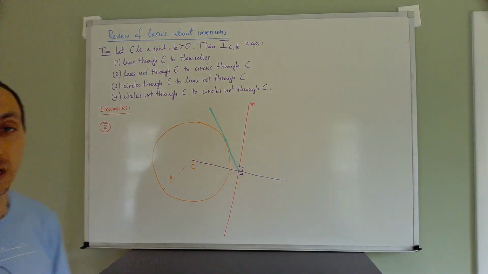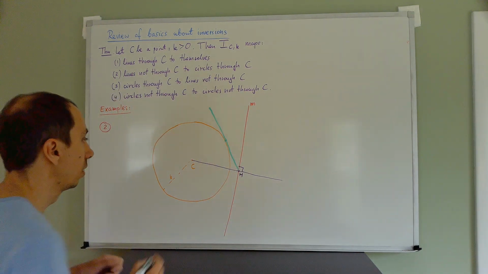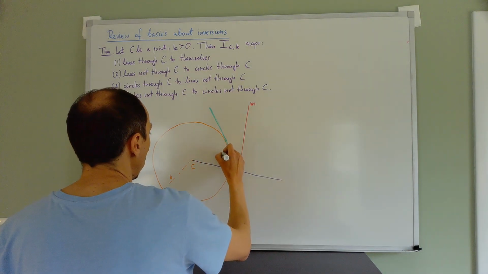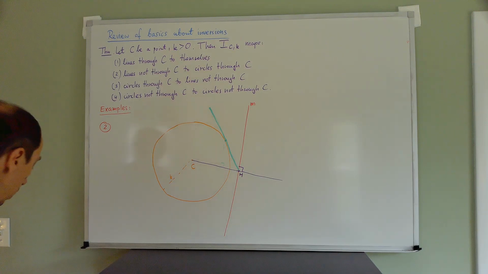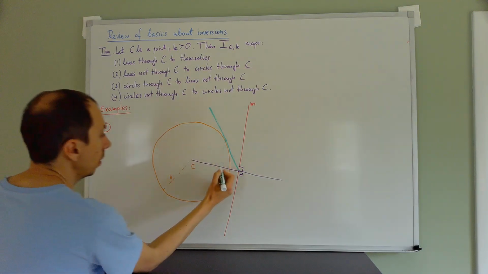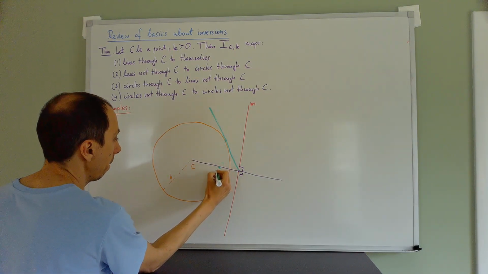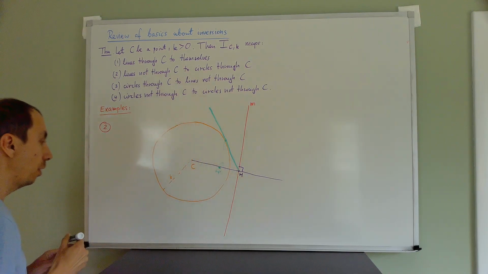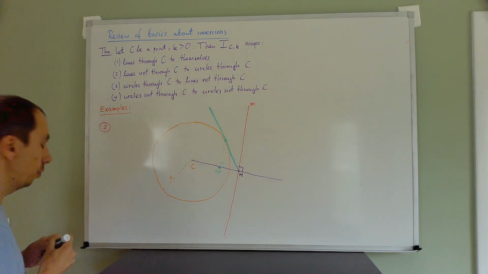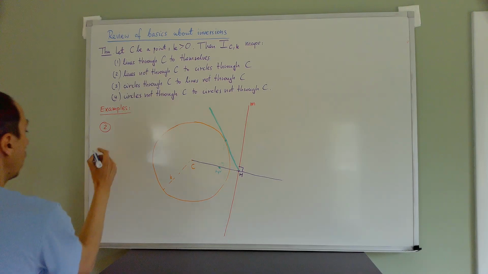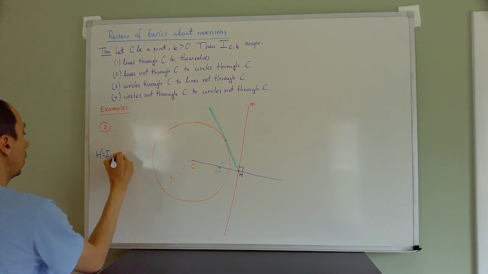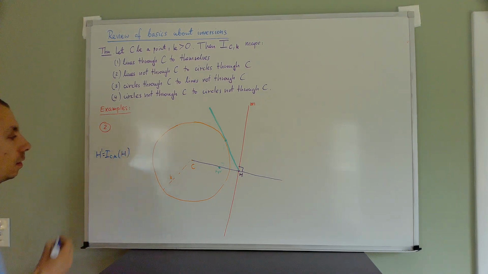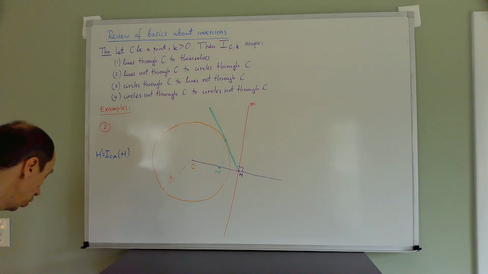So this is a line that's tangent to the circle, and then I draw a perpendicular line, and this here is H prime. So this H prime is by the definition the image under the inversion of H.